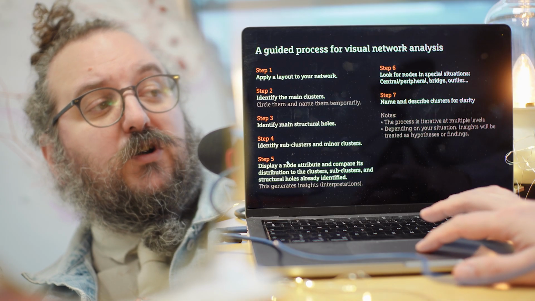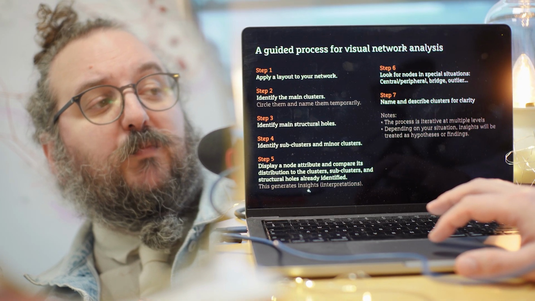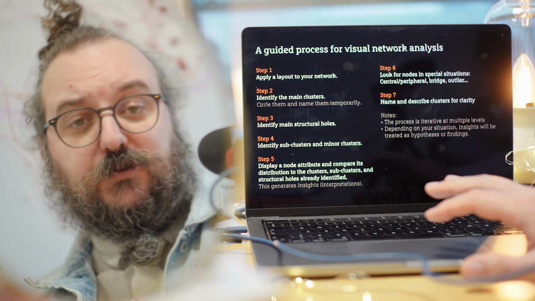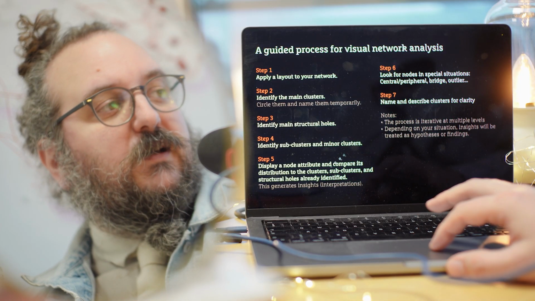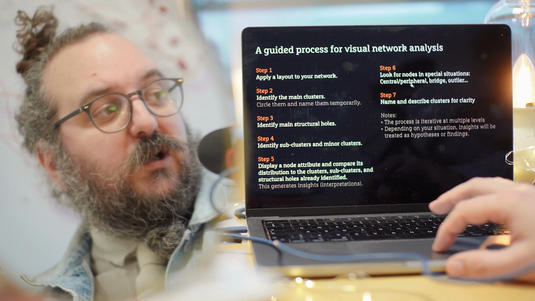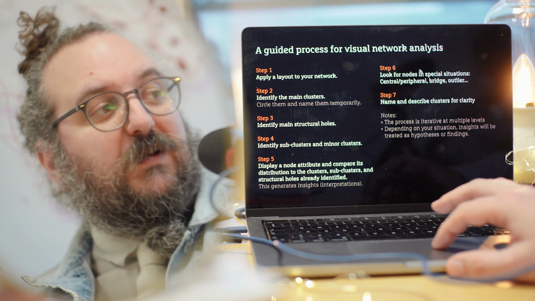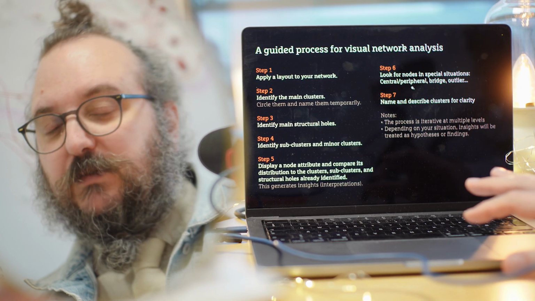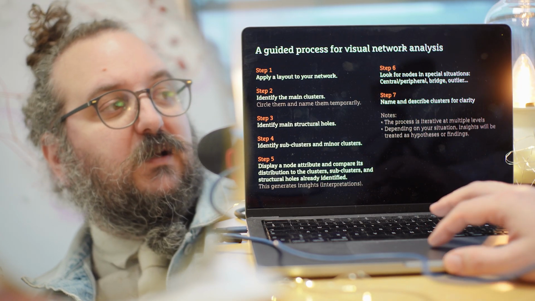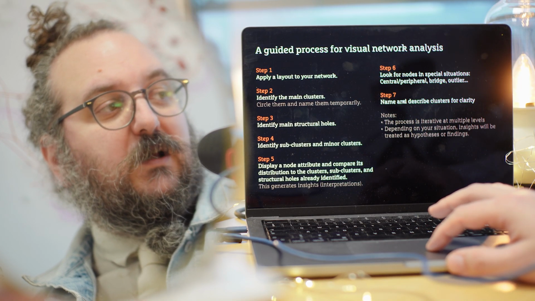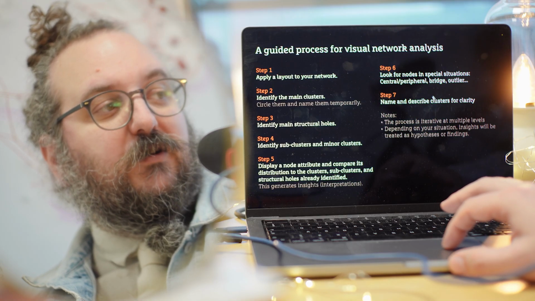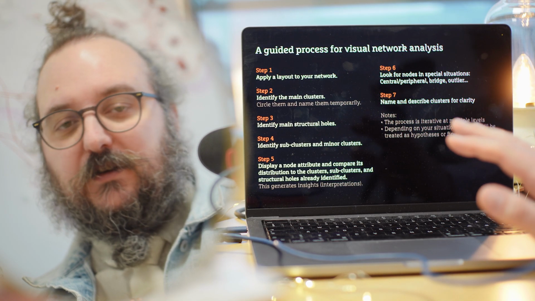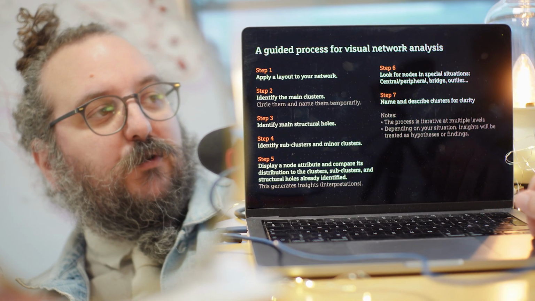Then you will put colors on the nodes, and you will compare how the colors distribute over the different clusters you have identified. And then you will look into spatial nodes. So you will move from looking at clusters to looking at spatial nodes and spatial edges. And finally, you will name and describe the clusters with actual names. Those are the steps. They will make more sense as we go through them.